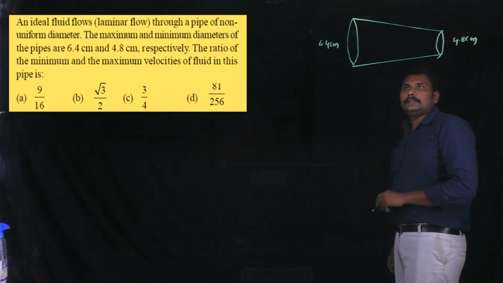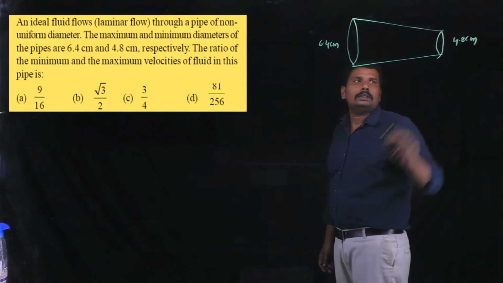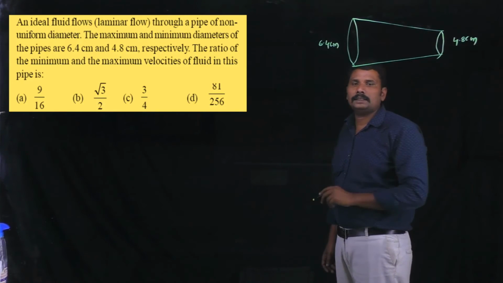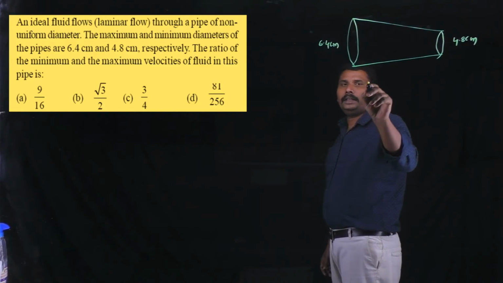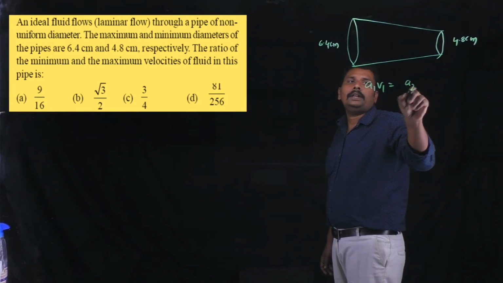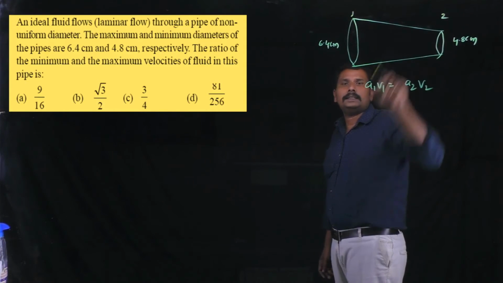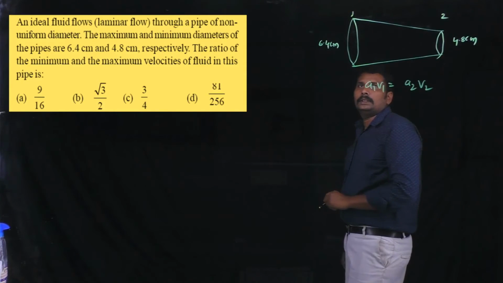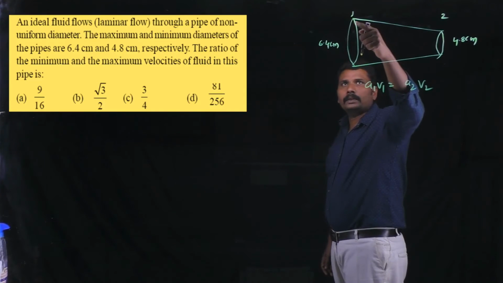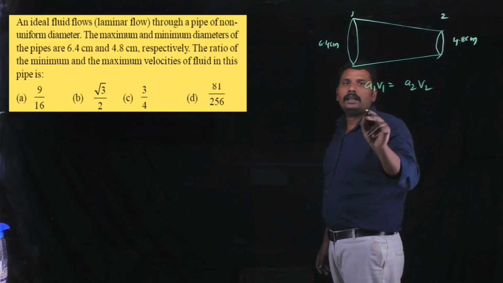Okay, here the area of cross section is more, here the area of cross section is less. From the equation of continuity, A1 V1 is equal to A2 V2, where it is the first end and it is the second end of the pipe. The pipe where the area of cross section is more, at which the velocity is less.